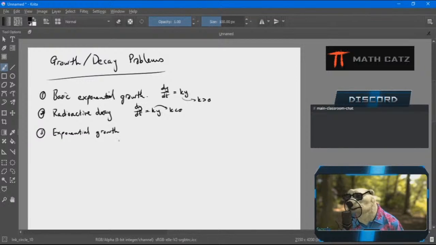And that affects my growth rate. So we looked at a different version that said that the growth rate is proportional to how far away the population is from that capacity. That we'll call n, for example.